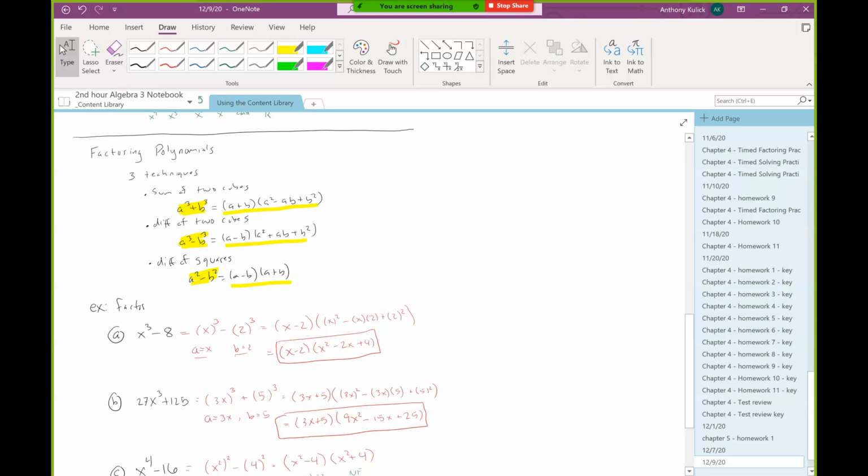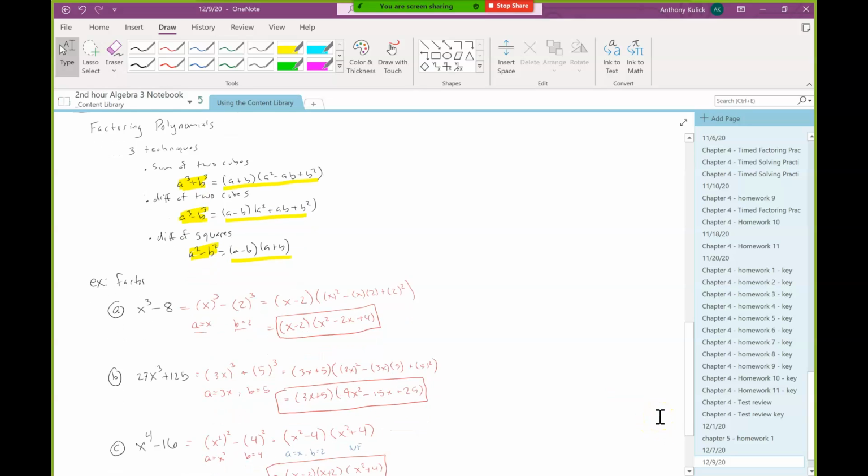Well, this is as much as I wanted to do today. So we talked about synthetic division, and we talked about these 3 factoring patterns. We'll talk about some more factoring patterns next time and solving, and that'll be the last thing we talk about in the semester.